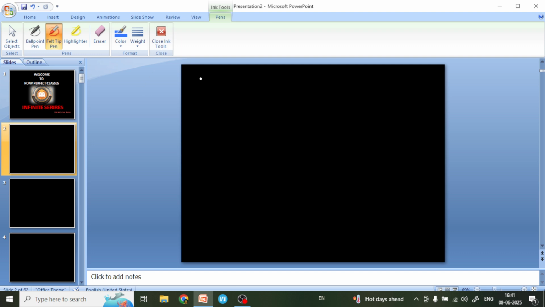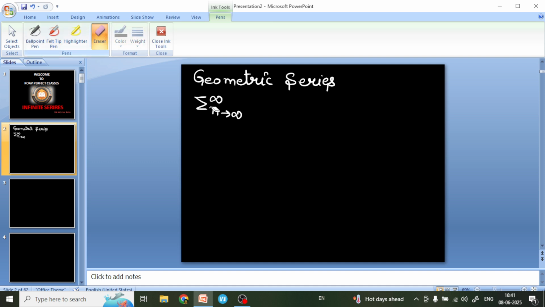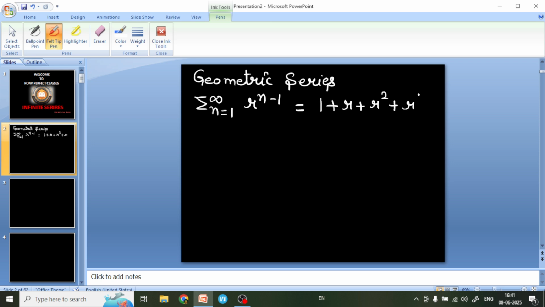For example, in the statement we have to show that the geometric series, sigma n equal to 1 to infinity of r raised to power n minus 1, that is equal to 1 plus r square plus r raised to power 3 plus, up to infinity. Here, if r is greater than 0, then we can say it is convergent.